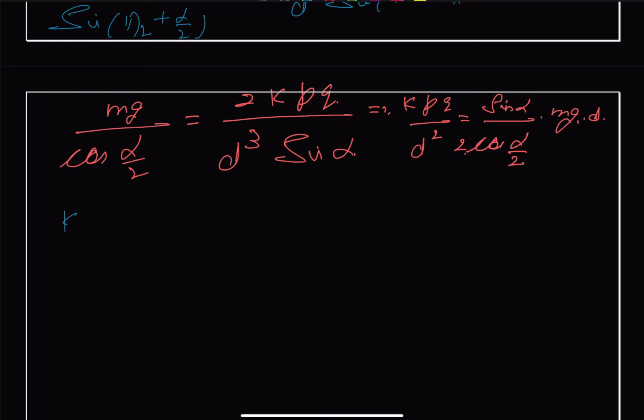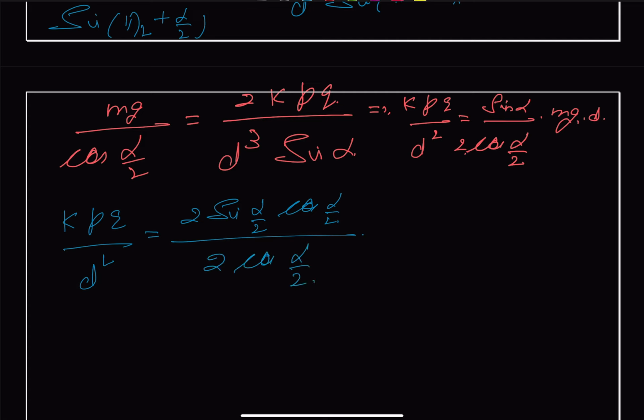So we get kpq d square will be equal to 2 sine alpha by 2 cos alpha by 2 divided by 2 cos alpha by 2 multiplied by mg, and d is already given to us, that is our 2l sine of alpha by 2.